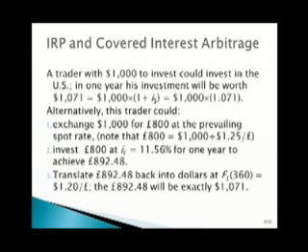So we would have arranged this today essentially, but we would do it when the investment matures at a rate of $1.20 per pound, and the 892.48 pounds will work back to exactly $1,071. So essentially, interest rate parity says that whether we invest directly in the U.S. or we go through the route of investing in England and then converting back into dollars, we will get the same result. And if that were not true, you would find a way to make money on that trade.